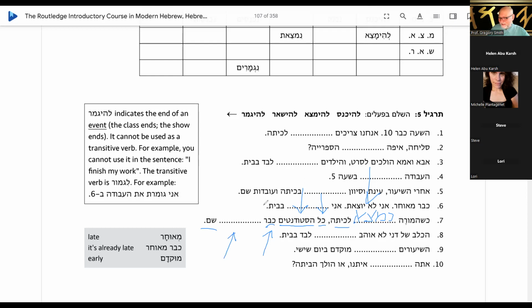So that's the idea. Probably we're going to be using nimsaim, I bet you. Kol hastudentim kavar nimsaim sham. כשהמורה נמצא לכיתה, כל הסטודנטים כבר נמצאים שם. Yep, that's the one we're going to be using, nimsaim.